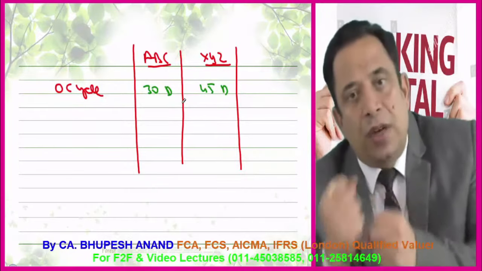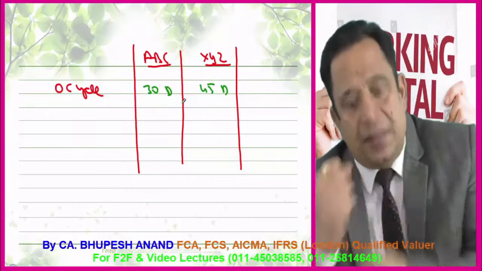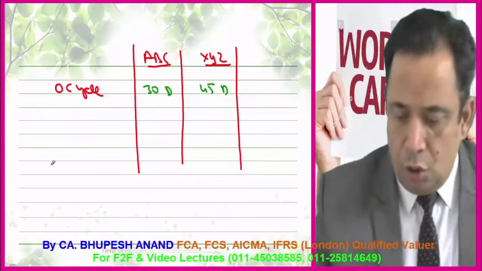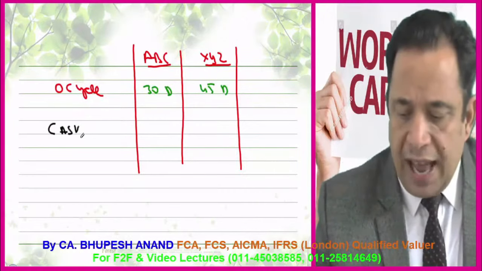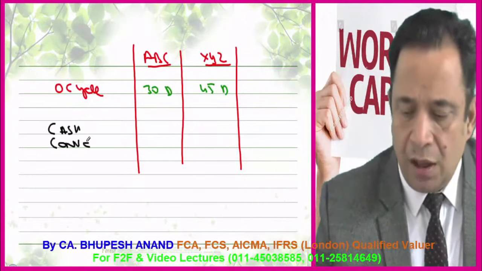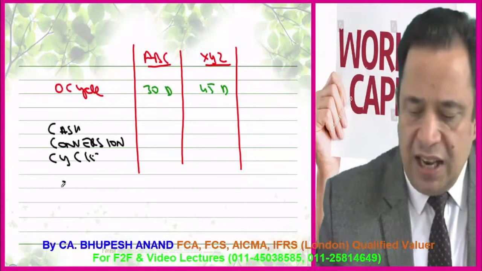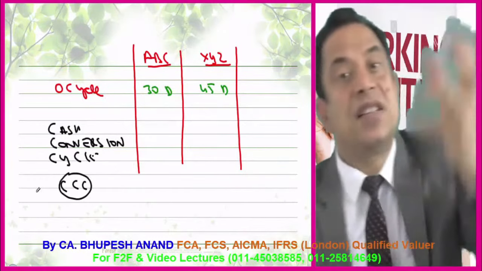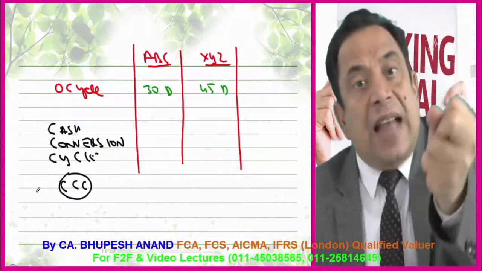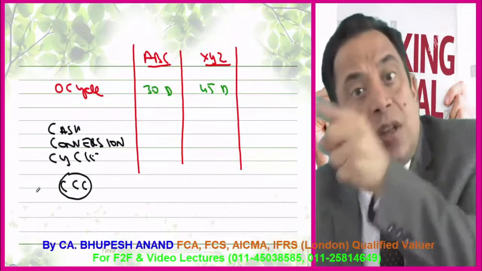So like this we can interpret on the basis of the working capital cycle, and then I have told you the meaning of the cash conversion cycle. That is the time period required from payment of cash to receipt of cash.